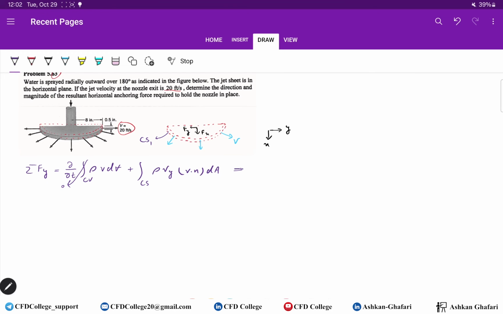In y direction we only have one force, Fy, which is negative since it's in the opposite direction with respect to this coordinate. It's equal to, we have only one control surface, rho Vy.